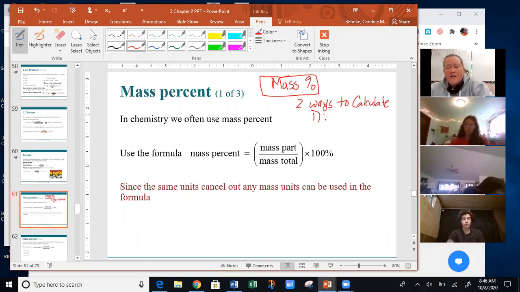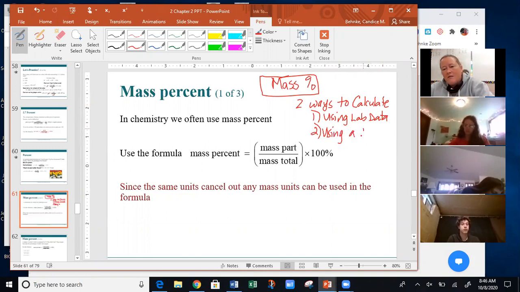The first way is using lab data, and the second way is using a chemical formula. I will go through an example of each of these, and then I'm gonna cut you guys loose to work while I stay in the Zoom meeting.